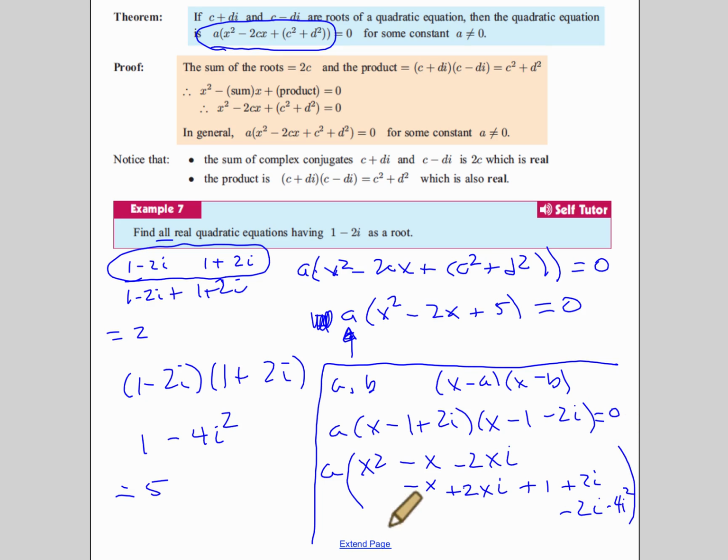Okay, so what happens here is I end up with x squared, which has no friends, minus 2x. This minus x and minus x is minus 2x. These two cancel. The 2i and negative 2i cancel. And then I have 1, and negative 4i squared is negative 4 times negative 1, or plus 4. 4 plus 1 is 5.